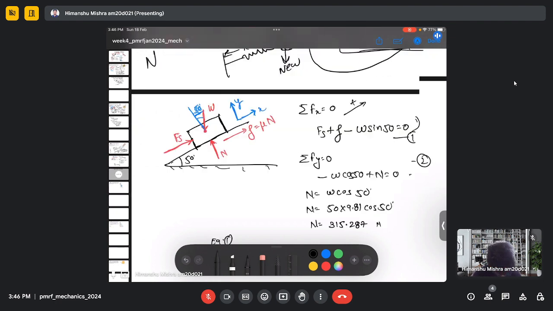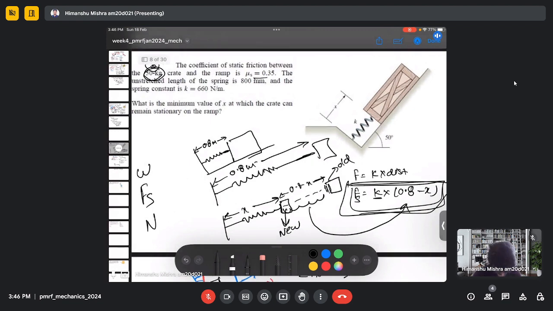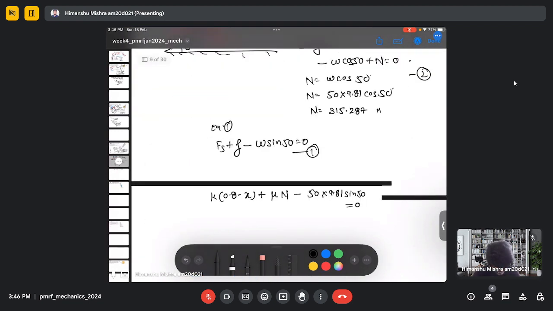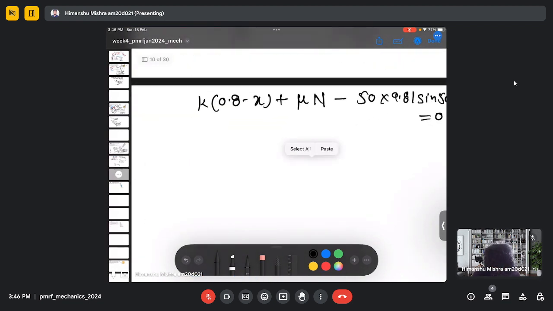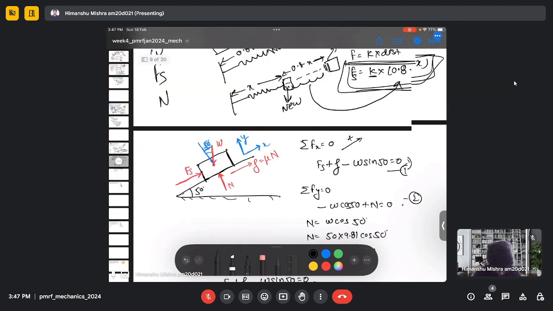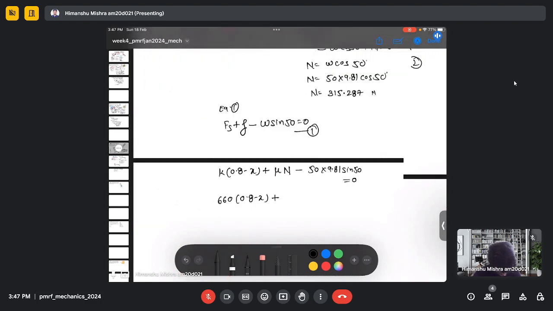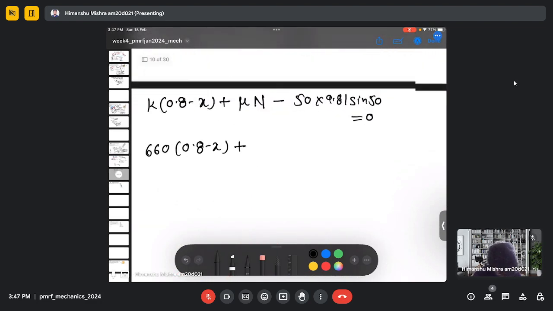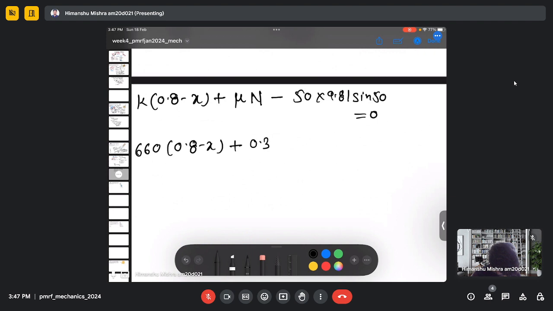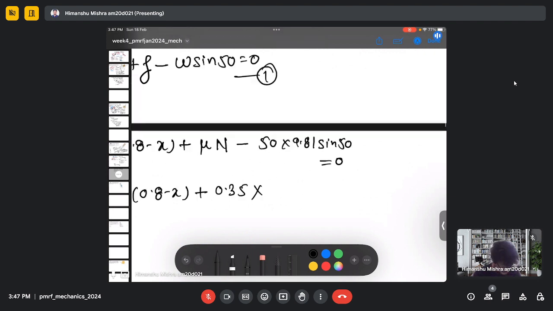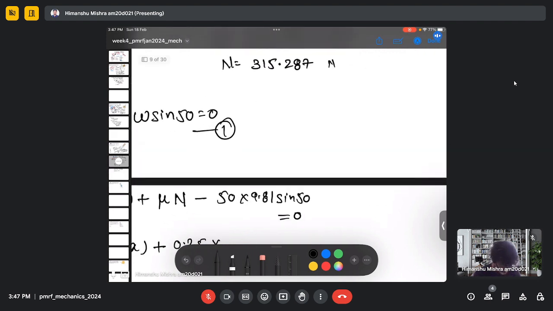So we know K, which is 660 Newton per meter, 0.8 minus x, and the coefficient of friction is 0.35, and the normal reaction we got 315.287.